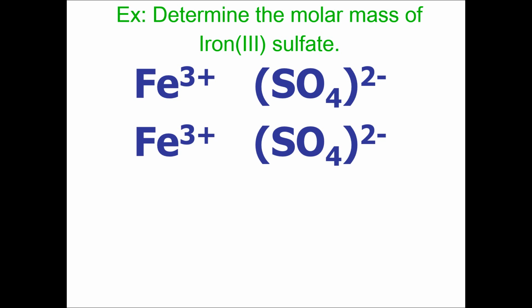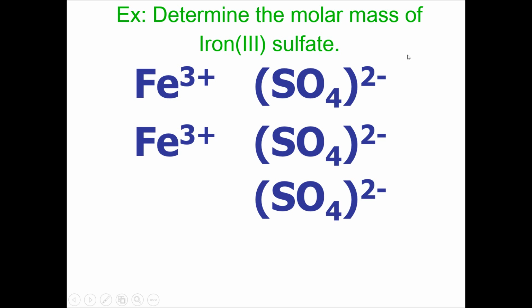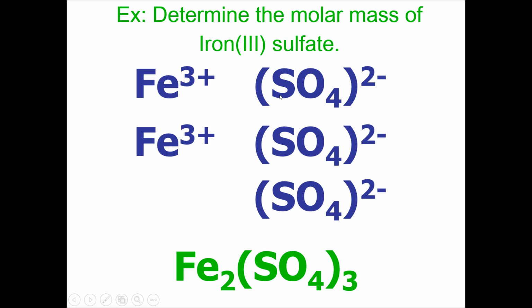So I'm going to add on a bunch of ions here until I end up with 6 positive charges and 6 negative charges, and I do have that here. So I have 2 iron atoms and I have 3 sulfate ions, and so this is Fe2(SO4)3.